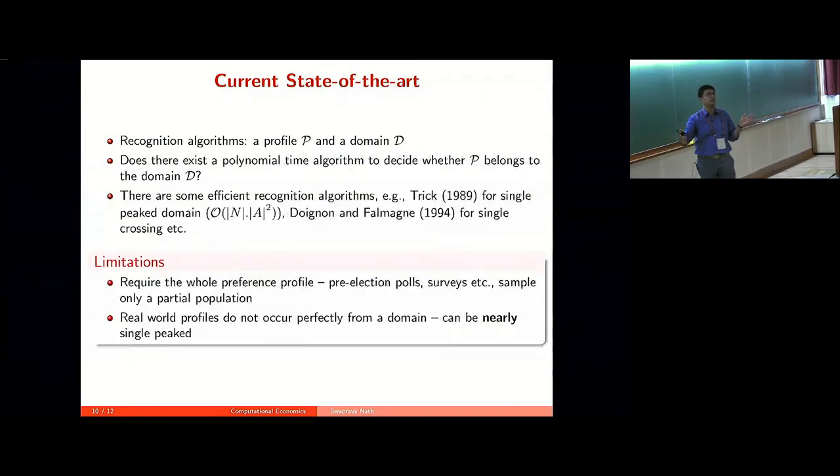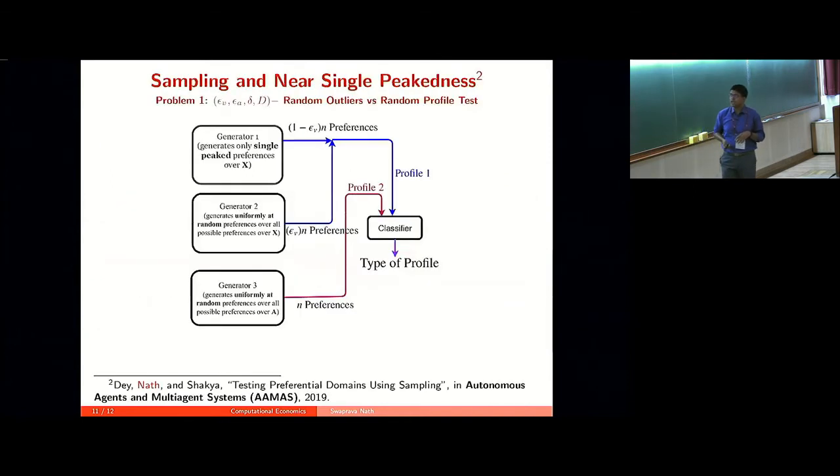Maybe for 90% of the population, if we just delete 10%, the rest are single-peaked preferences, but that 10% is something else. So our approach is what we call a sampling-based approach. We want to distinguish between two different generation models. In one generation model, if we have m alternatives, we have m factorial possible orderings, and uniformly at random you can generate those n preferences.